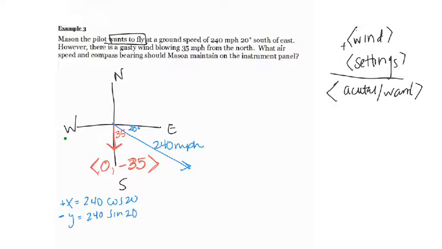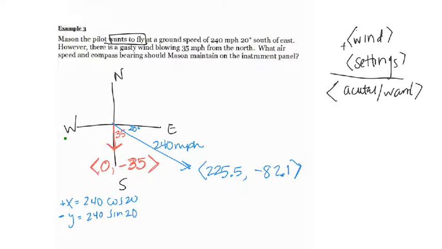So let's see, 240 cosine of 20 degrees. I'm going to just make sure I'm in degrees. I am. I got 225.5 and 240 sine of 20. I have 82.1, and I remember that I have to make my y value negative because I'm moving down.